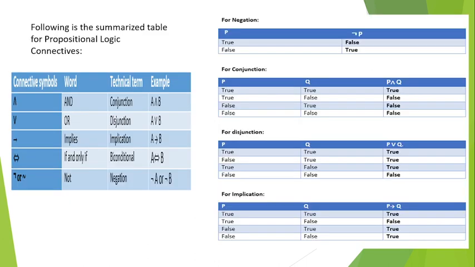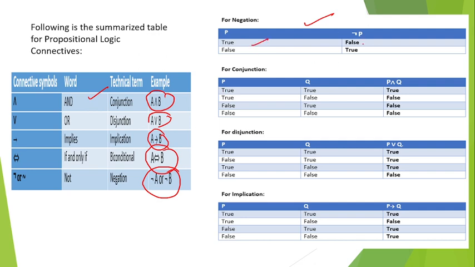Then there is a summary table of propositions. This is AND, which is denoted by this symbol. This is OR, which is denoted by this one. This is implies, A implies B. This is bidirectional implication, and this is negation, correct? These are summarized, and I have mentioned a truth table of a few here so that you can understand it. True, false.